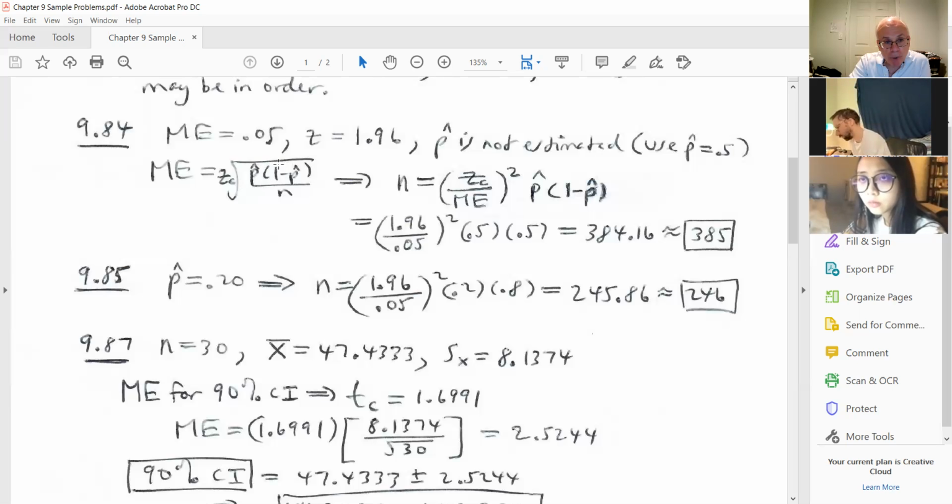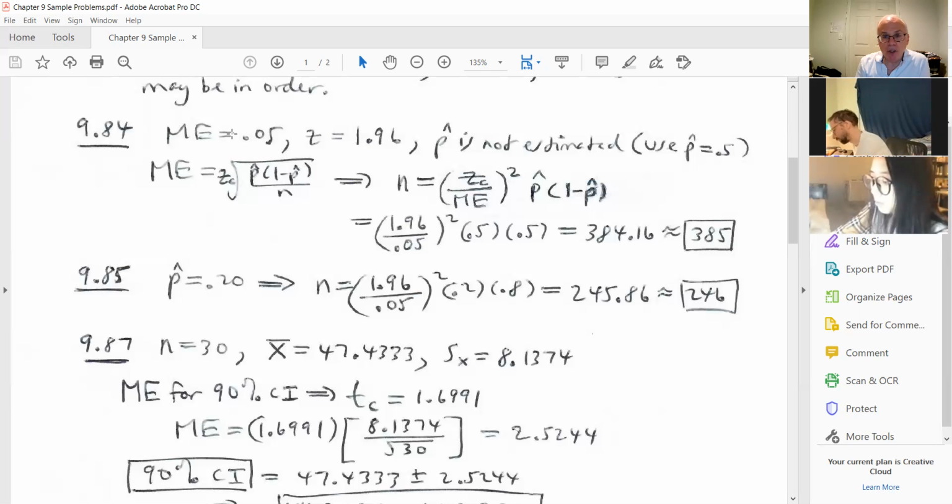See that in the numerator of the margin of error formula, it's p hat times 1 minus p hat. It just happens to be that when p hat is 0.5 and 1 minus p hat is 0.5, the product of those two numbers, 0.25, is the largest you can possibly get for any p hat and 1 minus p hat combination.